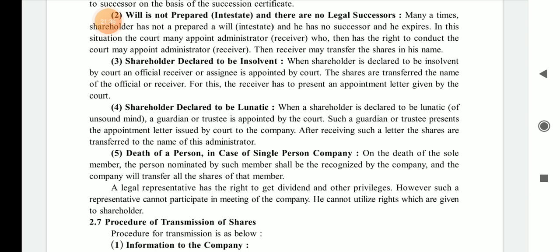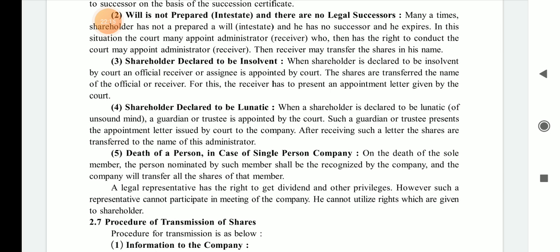See, here two different words are mentioned. The very first is guardian. Guardian means the person's mother or father is available and the person becomes a lunatic. At that time, that person's mother or father is appointed as guardian. Now, second case: say the person becomes a lunatic due to an unnatural condition and his father and mother are not available, but the person is married and his wife is available.